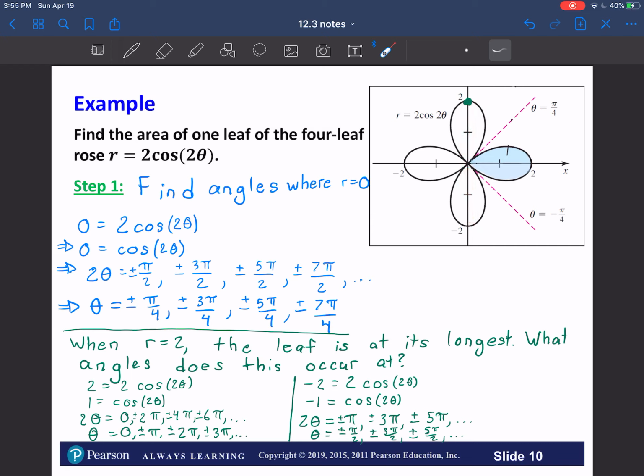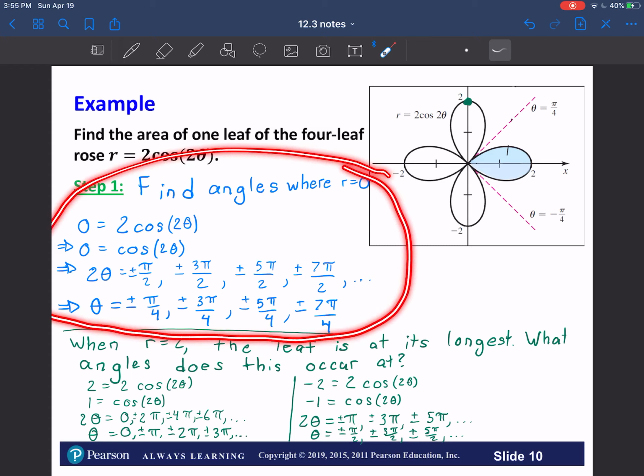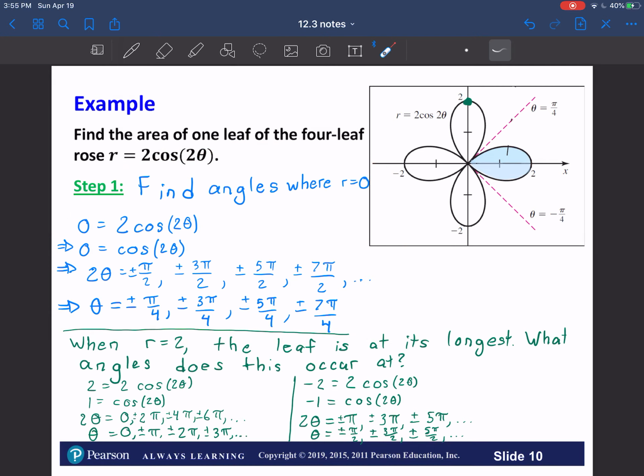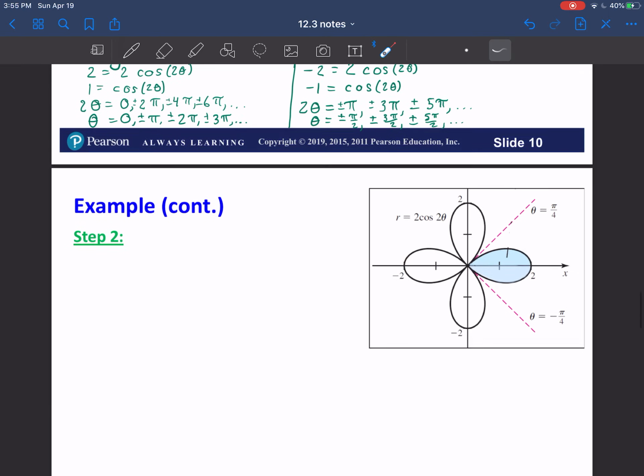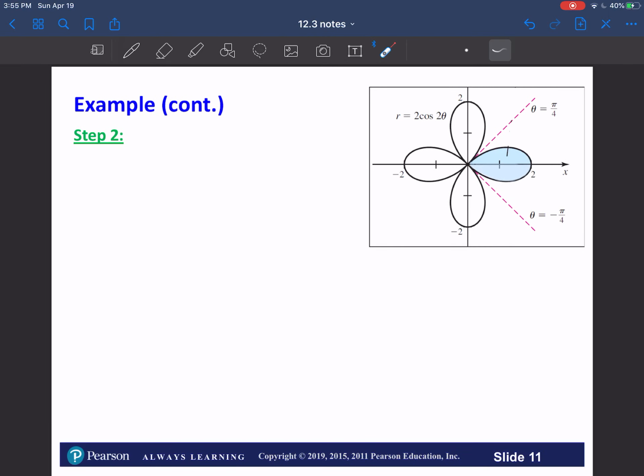All right, so the thing that is important for this particular calculation is knowing the angles where r was equal to 0. Step 2 in this process is to figure out, let's see, how do I want to write this?